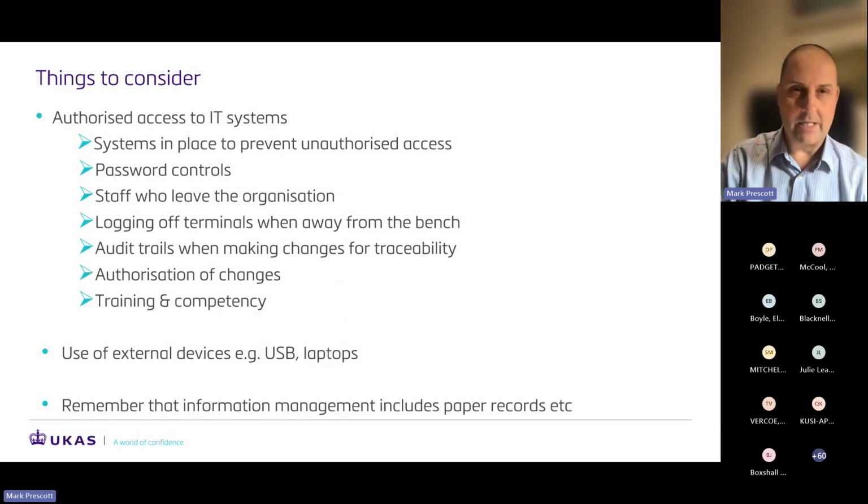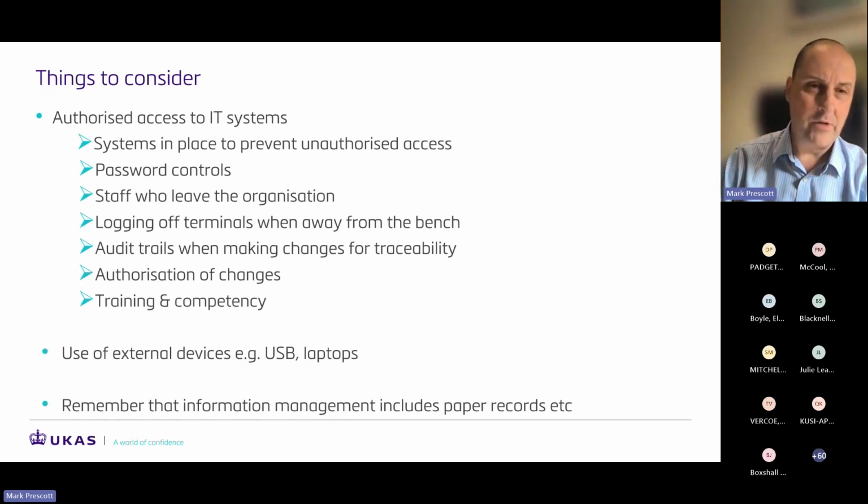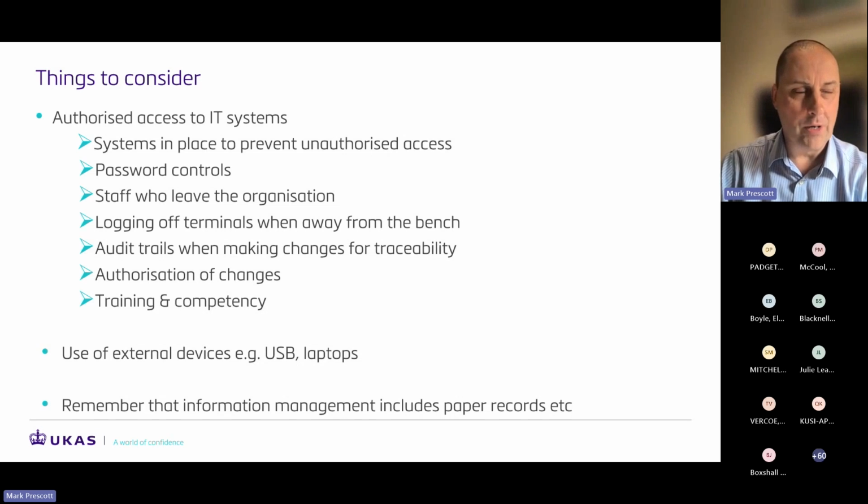Authorised access to IT systems. I mentioned before that in 2022 there's this competency assessment for authorisation, for verification and use of the IT system. It's really about having good systems in place to prevent unauthorised access, so having good password controls and making sure they're updated at intervals. One that I often like to look at is staff who've left the organisation.